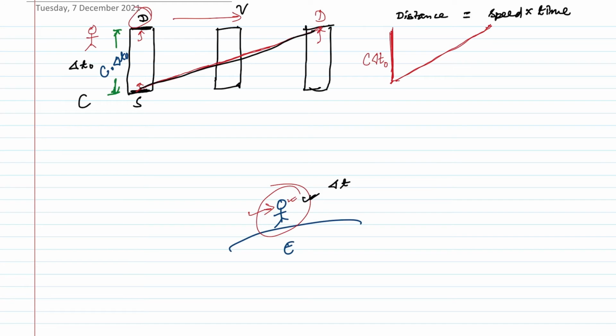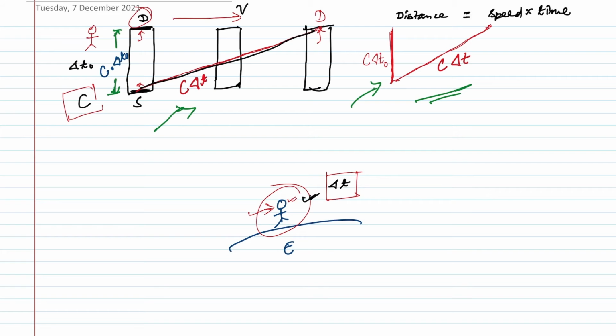Then as the light is traveling with the speed c, and time taken is delta t, this distance must be given by c into delta t. So here it is c into delta t. Okay, so I'm drawing the path that is covered by the light in this case only here.